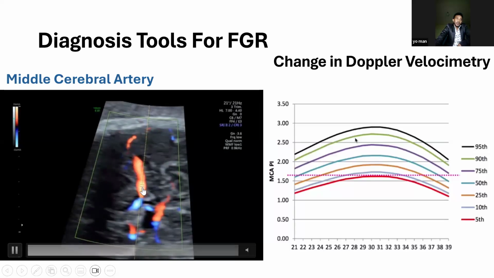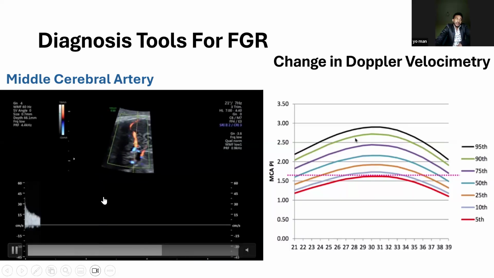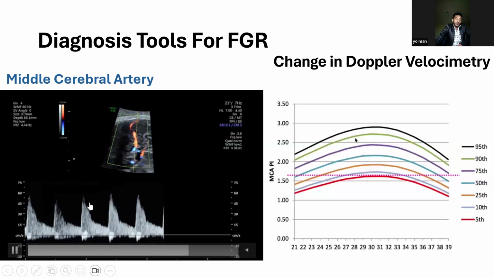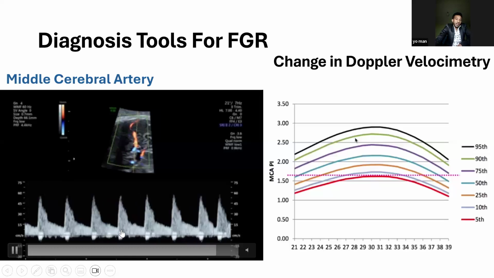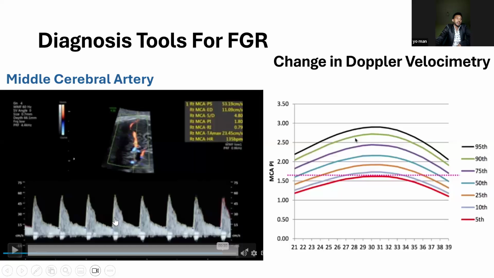So he decreased the Doppler gate, mapping the proximal part, the best site and best technique. The waveform outline should take almost 75% of the screen. This is the high resistance flow. You see the low diastolic as compared to the systolic. It is normal for an unaffected fetus, okay?